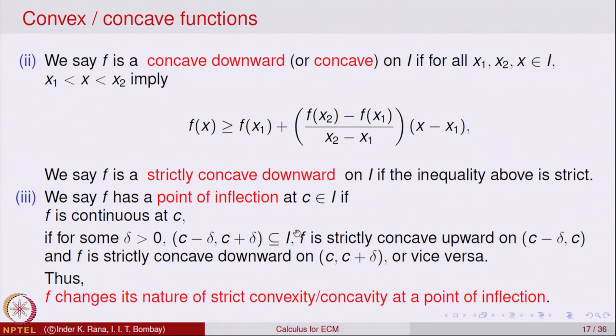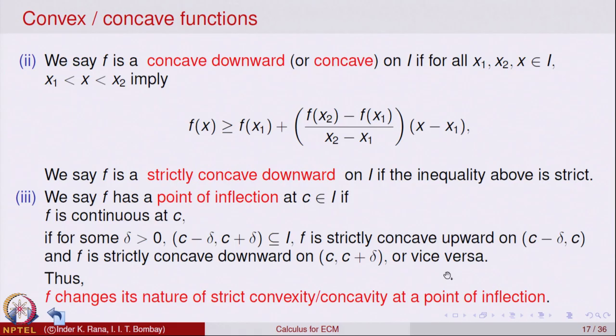So, the point C is where strict convexity changes to concavity or the other way around. The function changes its nature from strictly convex to strictly concave or vice versa. That is called a point of inflection.